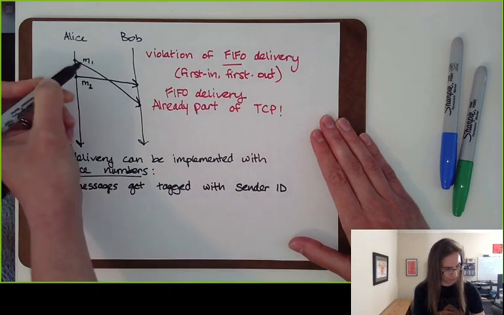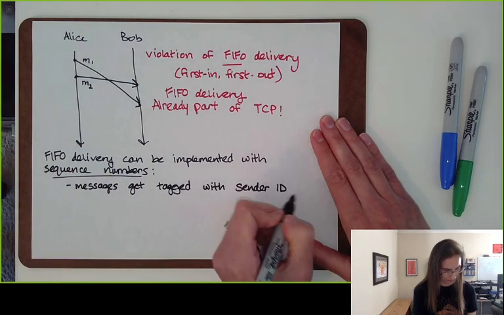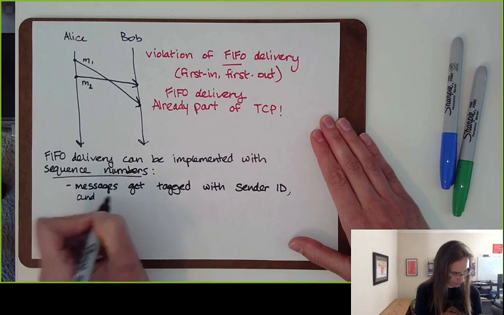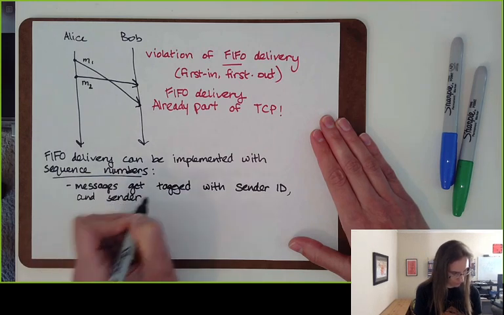So in this case, this message would say, hey, I'm from Alice. And the sender's sequence number.